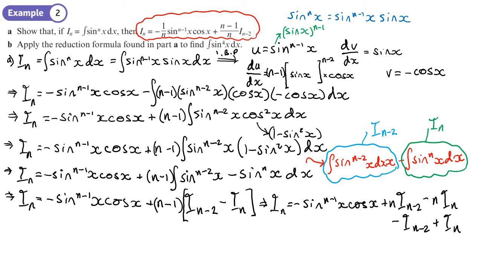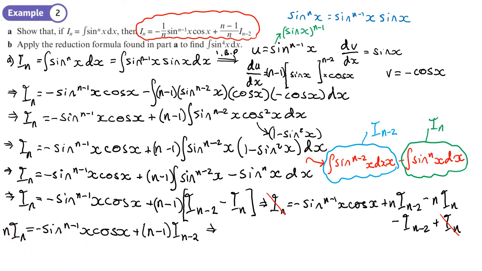I've got I sub n on both sides, so I can take that away. So that will leave this, and I'll take this across the other side: n times I sub n equals negative sine to the power n minus 1 x cos x, plus, and then I'm going to refactorize the I sub n minus 2, so n minus 1 I sub n minus 2.